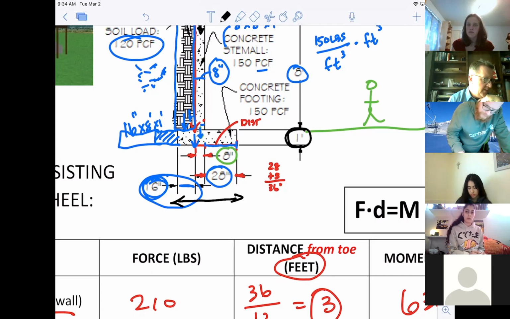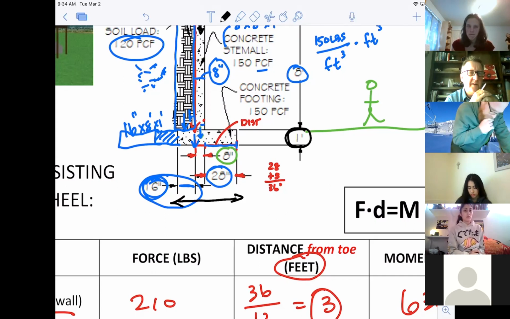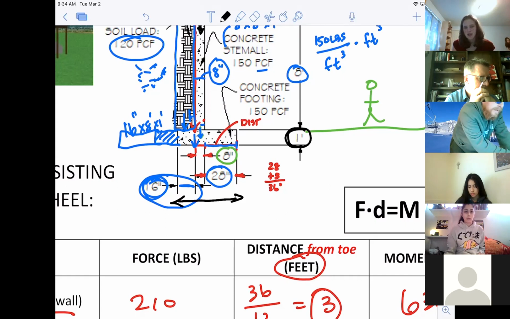Your footing is too big. Your footing, the weight is right in the middle of that footing. How wide is the footing? 28 inches. No, the overall footing. How wide is it? I'm sorry, 44 inches.